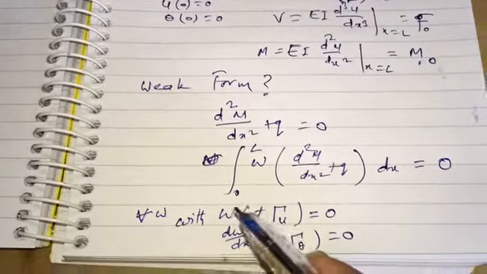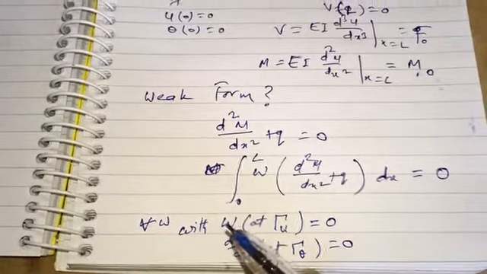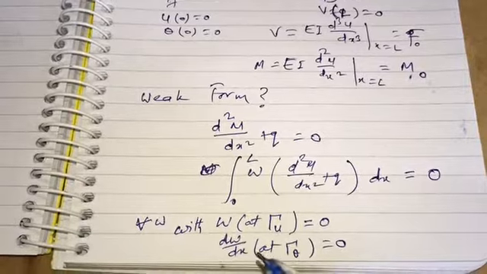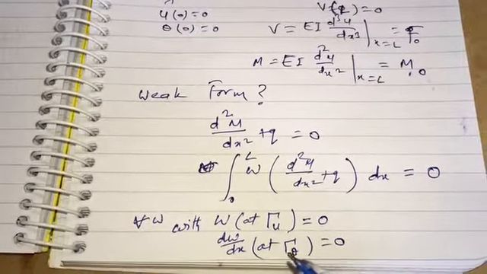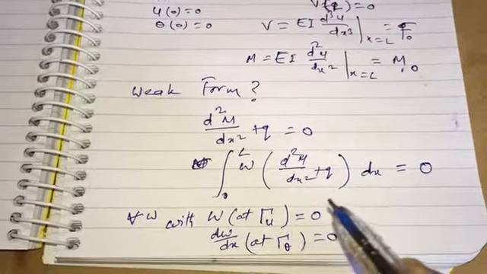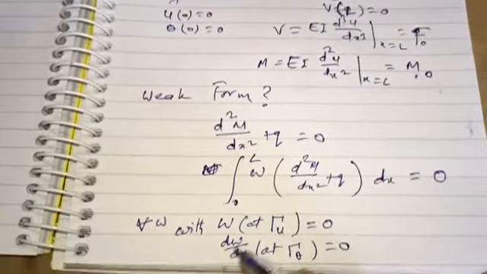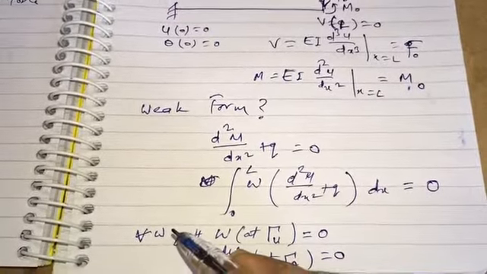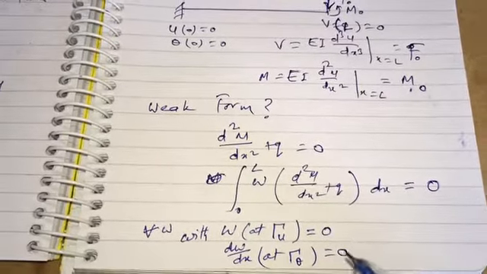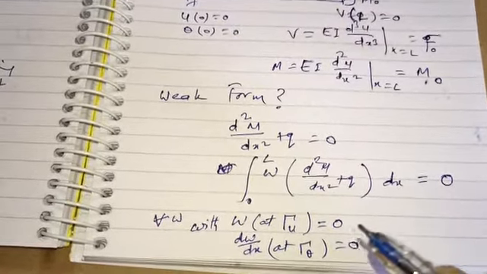W will have the same dimension as the vertical deflection. So if the deflection is given, w will be 0, vanish there, and when du over dx is given, then dw over dx is also 0. So this is the requirement on w. Otherwise w can be any kinematically admissible function, as we have discussed already in the class.